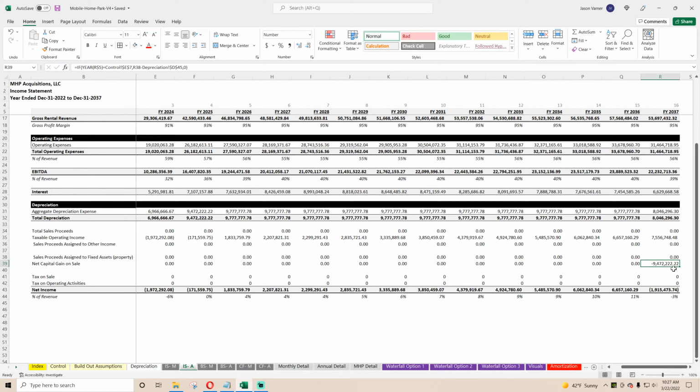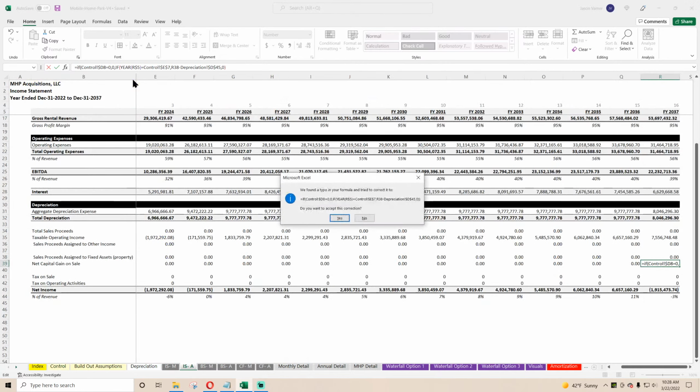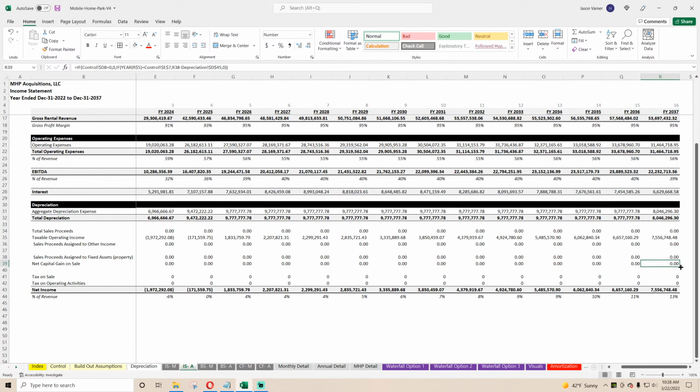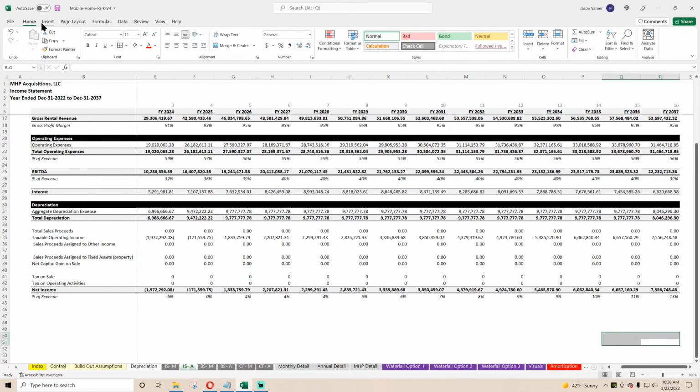So this, if exit assumption equals 0%, then zero that out too. That just says you're showing operating activities, acquisition and operations to the end of the 16 years, but you're not counting any exit or taxes.